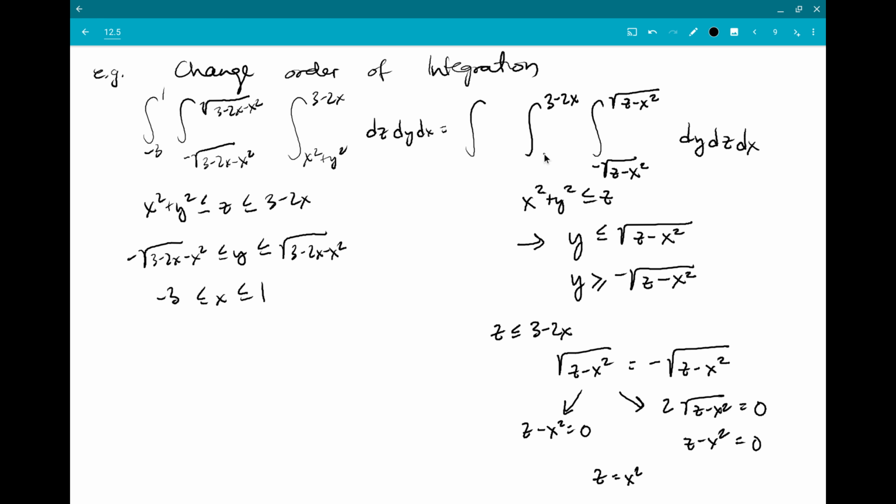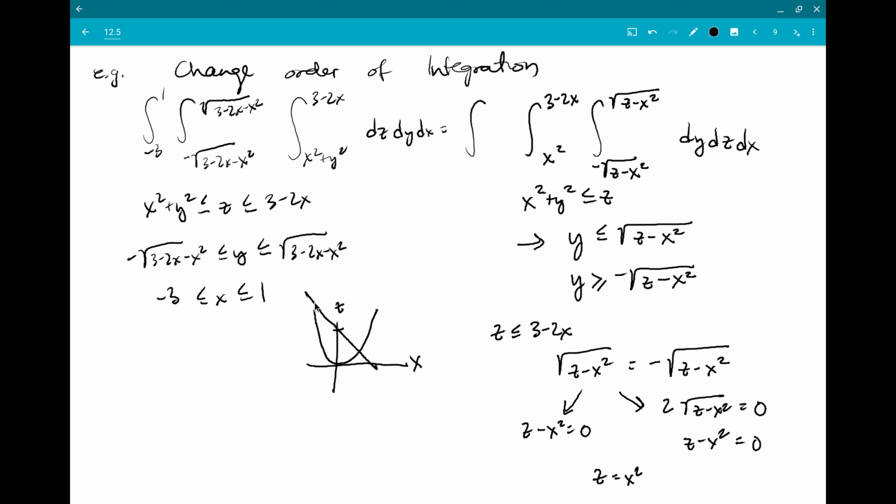And so I only have a lower bound. I know that the x squared goes there. But if I was at all unsure, I could go ahead and plot this. There's x, there's z. X squared looks like this. And 3 minus 2x starts here and goes like that, and keeps going on both sides.